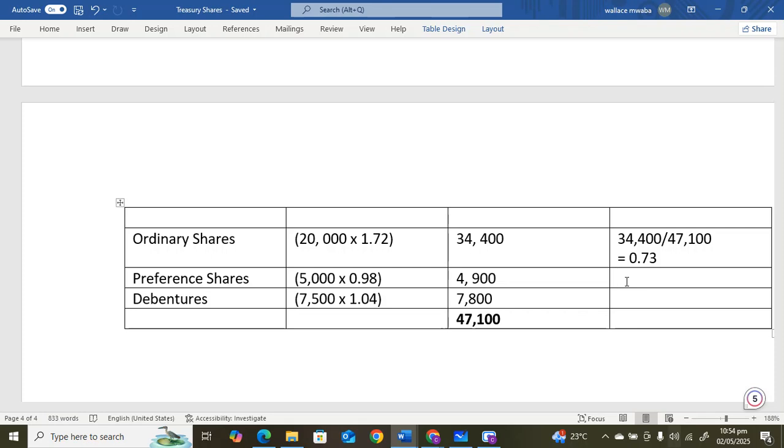What do we need to do to get the weightage?